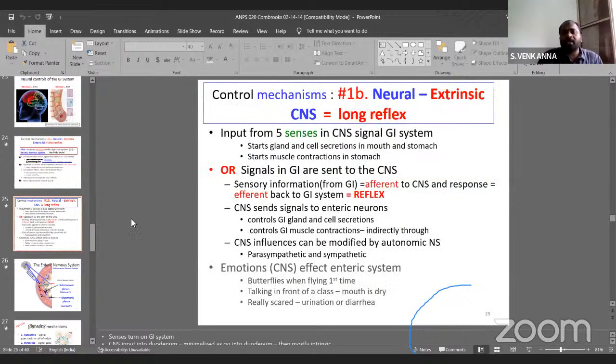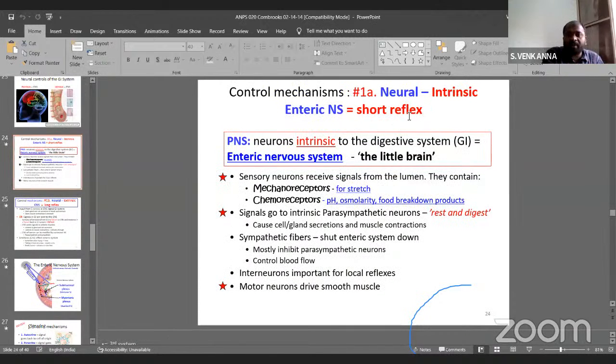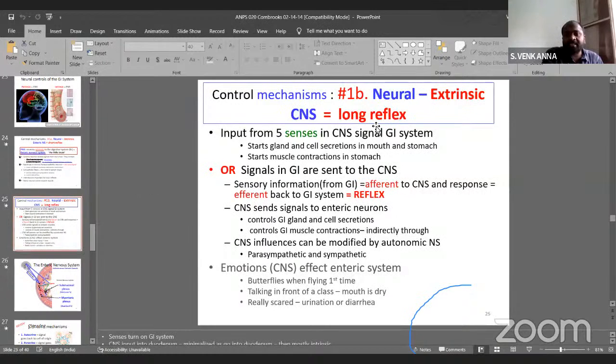Next, the control mechanism of the gut. That is the short reflex; this is the long. Observe the short reflex. Then the next slide goes to the long reflex.